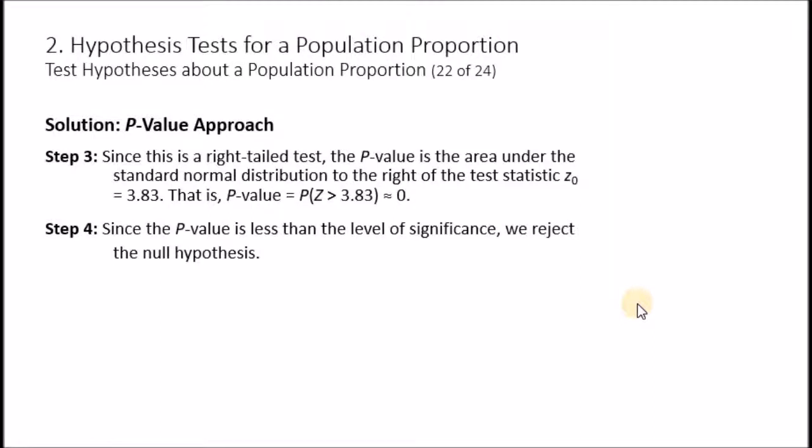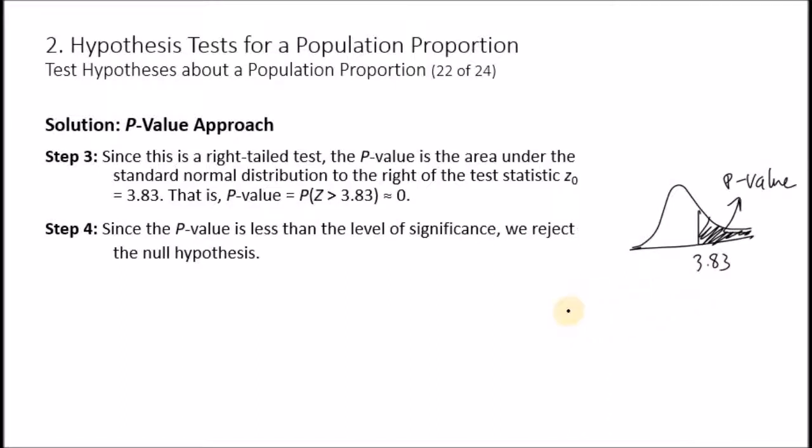If we're going to use the p-value approach, we're going to skip finding the Z critical, and we're going to find the area to the right of Z0, which is the area to the right of 3.83. When we have a right tail test and we computed Z0 to be 3.83, we want to compute the area to the right, which is the p-value.